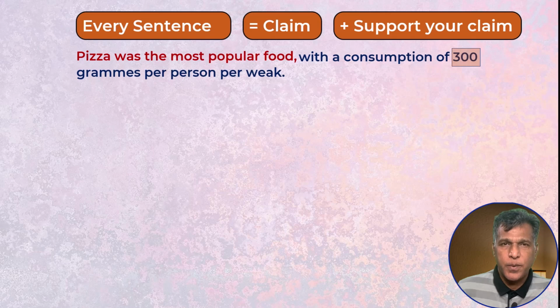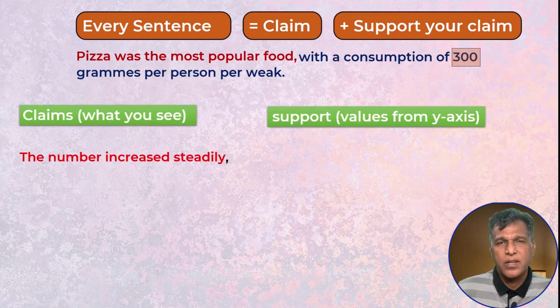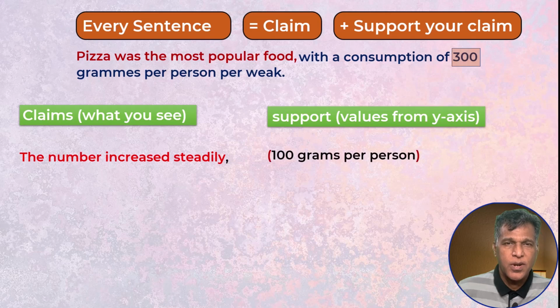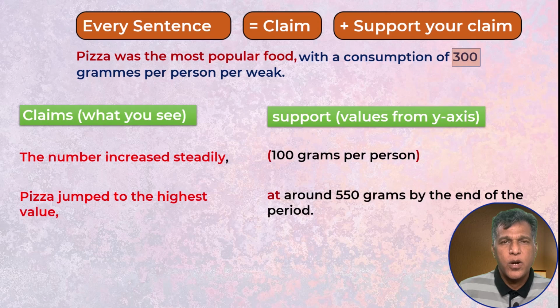The second example, my claim, what I see in the graph: the number increased steadily, and the support: 100 grams per person. Example 3. Pizza jumped to the highest value. Support with the number at around 550 grams by the end of the period.